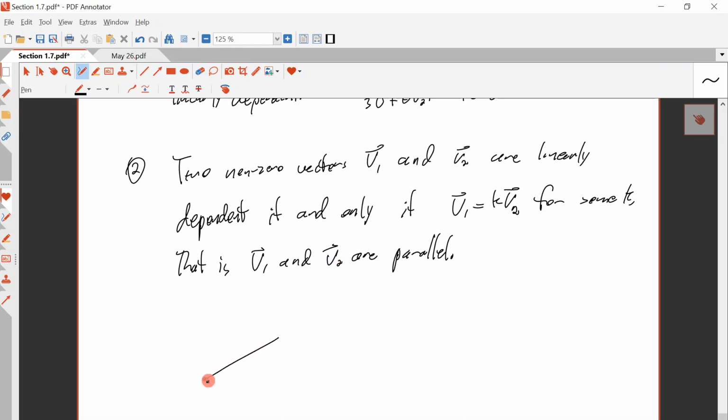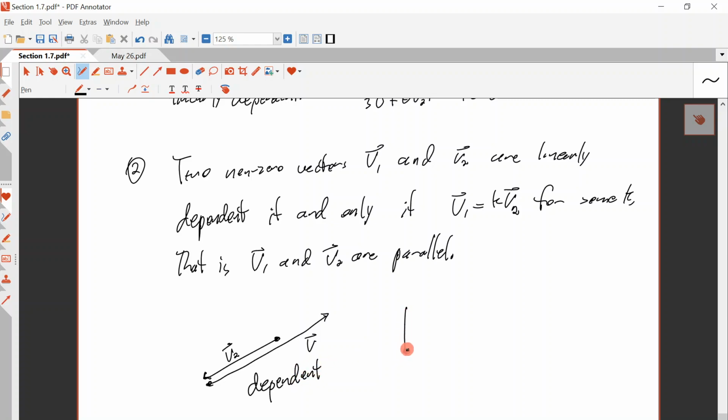So here's like v1 and v2 looking like this. Alright, so this is v1, and we can make v2 face in the other direction. v2, like that, linearly dependent.